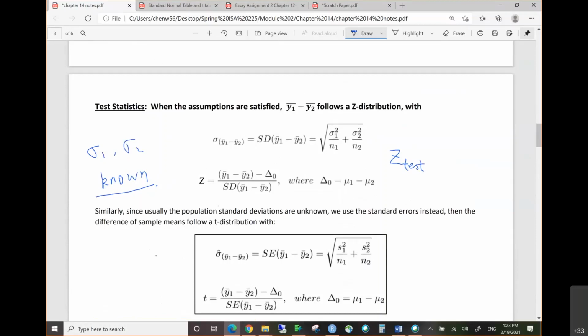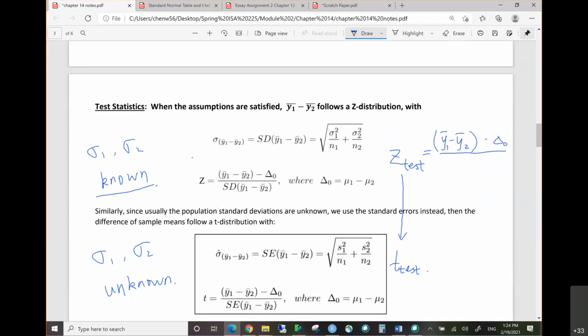And the other case is if sigma 1 and sigma 2 are unknown or either of them is not given, then the z-test statistic will change to the t-test statistic, right? Okay, and if the sigmas are both known, then the z-test statistic formula will be y1 bar minus y2 bar minus delta 0.